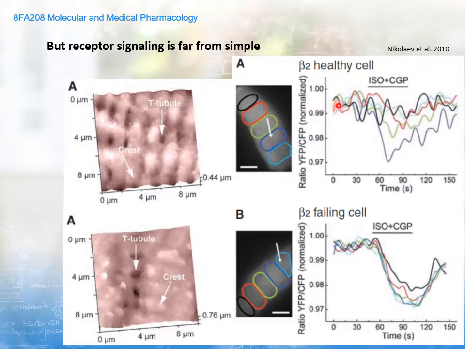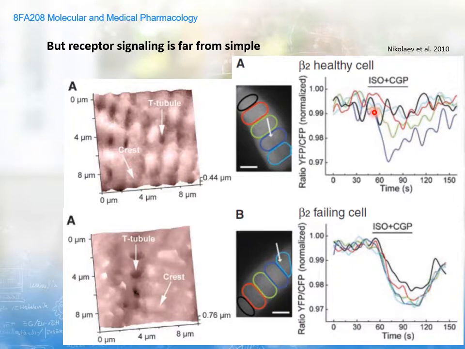What do you see when a healthy cell is activated? Notice the black trace. This one corresponds with the black trace. Is there a change in cyclic AMP? Essentially, no. Now, take the blue one. The blue one is showing you a clear change in cyclic AMP concentration over time.